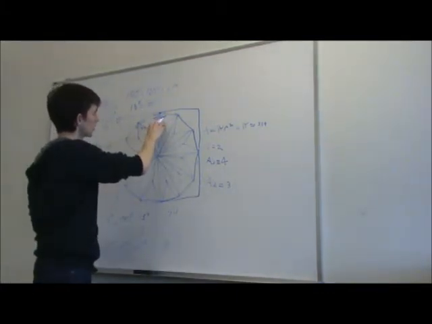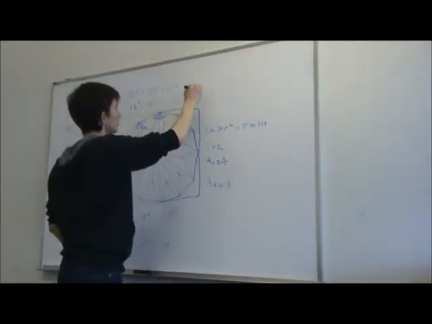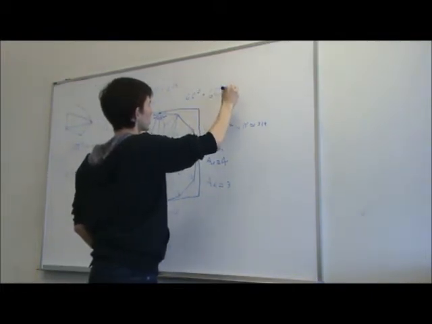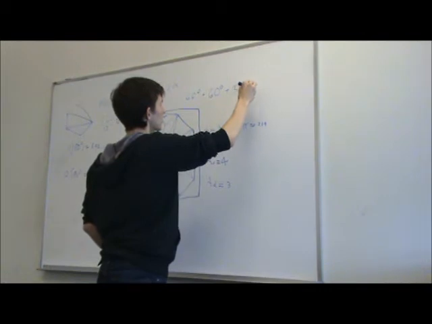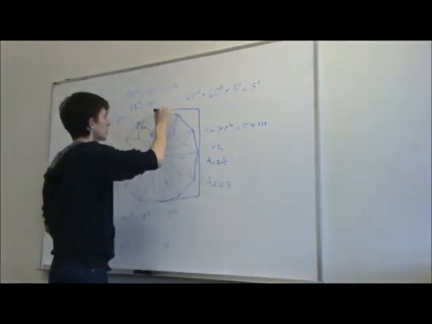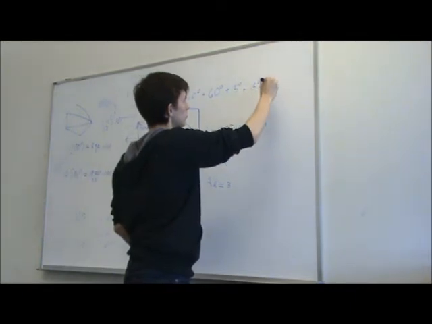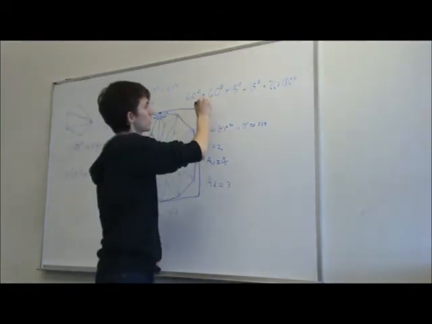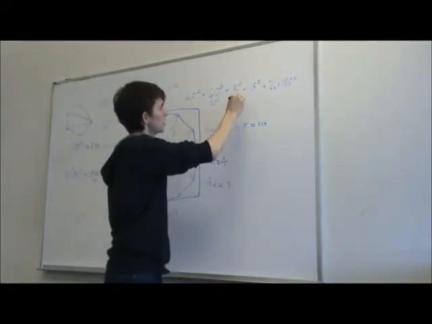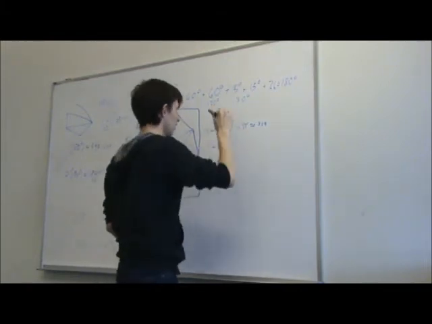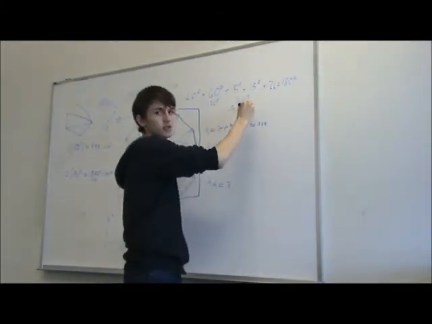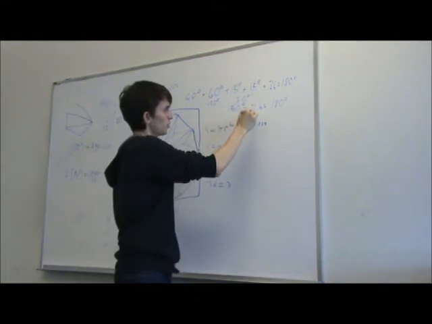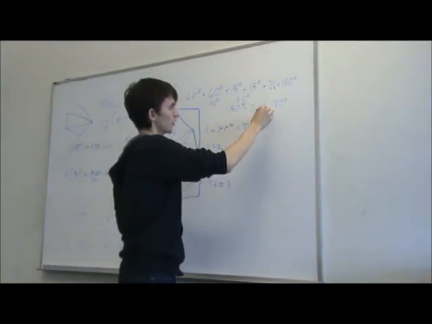So 60 plus 60 plus 15 plus 15, and we'll call this B, plus 2B equals 180. Well, this is 120, and this is 30, so we get that 150 plus 2B equals 180. And so B has to equal 15.